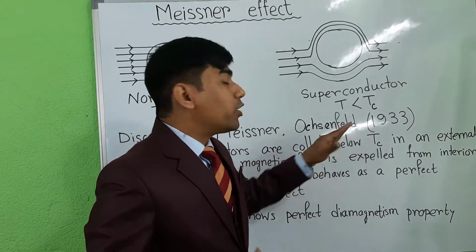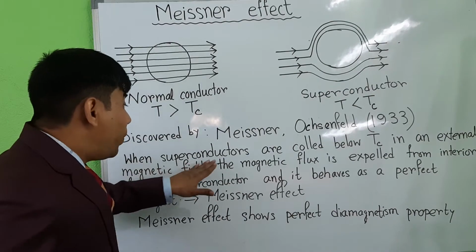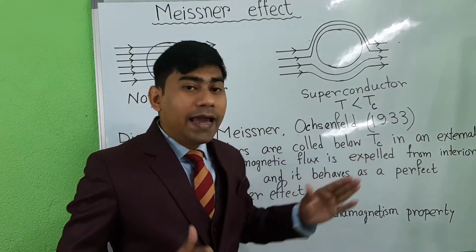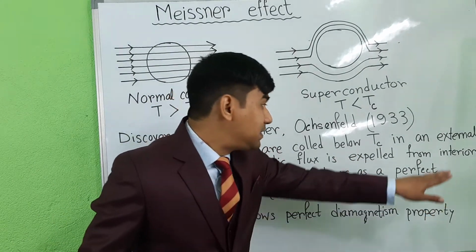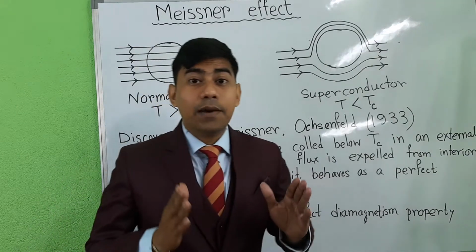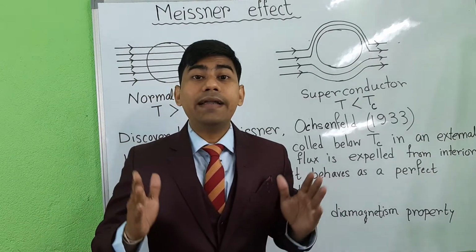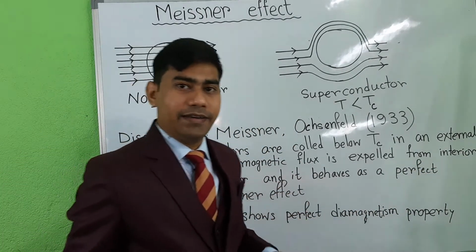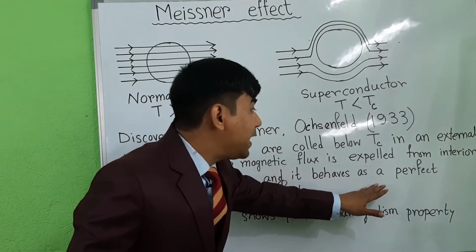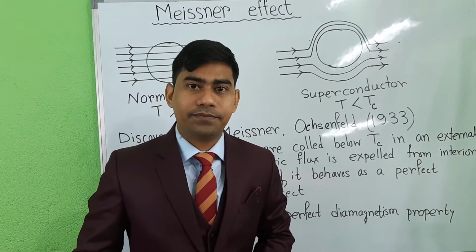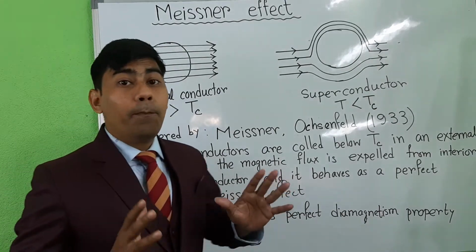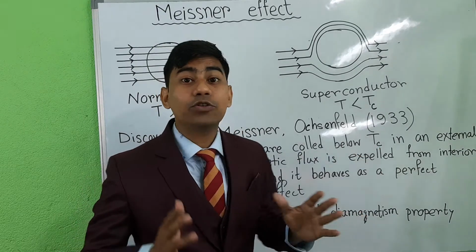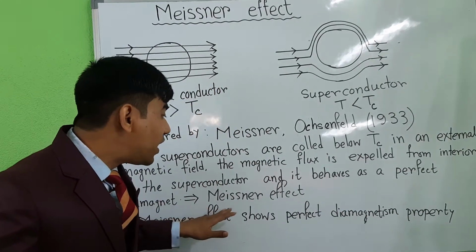Meissner and Rosenfeld observed that when superconductors are cooled below their critical temperature Tc and placed in an external magnetic field, the magnetic flux, or the magnetic lines of force, is expelled from the interior of the superconductor, and it behaves as a perfect diamagnet. This phenomenon of flux exclusion below the critical temperature Tc by the superconductor is known as the Meissner effect.